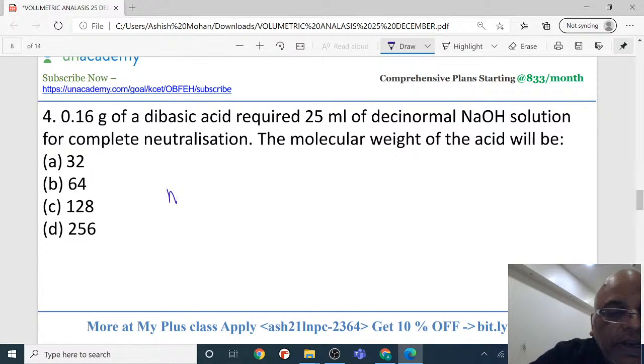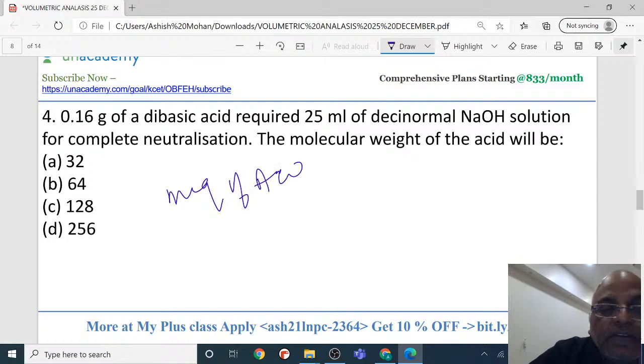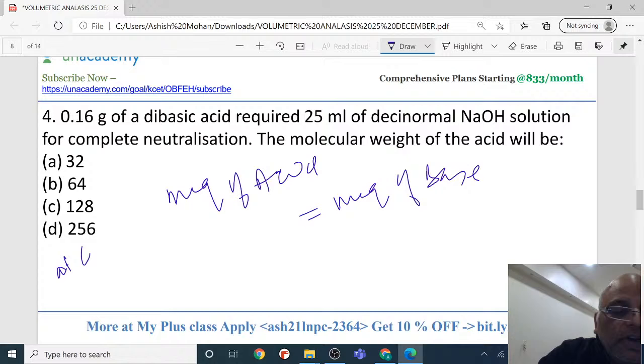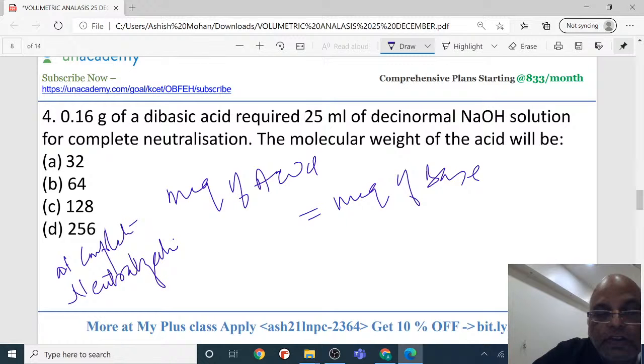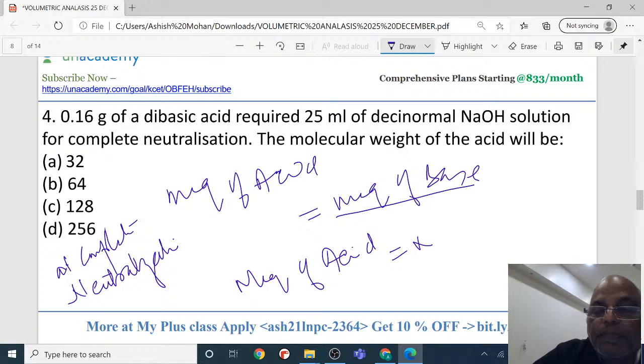Milli equivalent of acid will be equal to milli equivalent of base, for complete neutralization. The milli equivalent of base is normality of base into volume. Normality is 1 by 10, volume is 25 ml, that is 2.5.